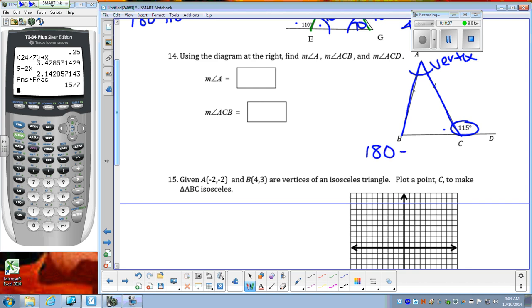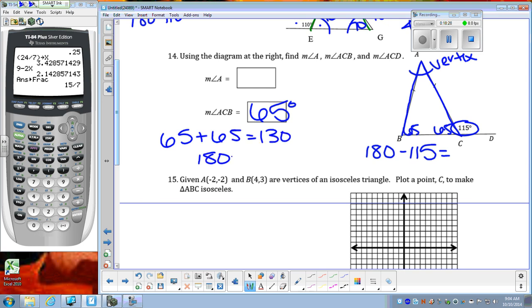So to find ACB, I do 180 minus 115, and that is 65. So ACB is 65 degrees. Well, I know angle B would also be 65 degrees. So to find angle A, I'm going to do 65 plus 65, which is 130, and then subtract that from 180 to get that angle A is 50 degrees.